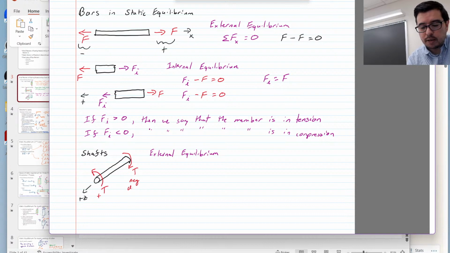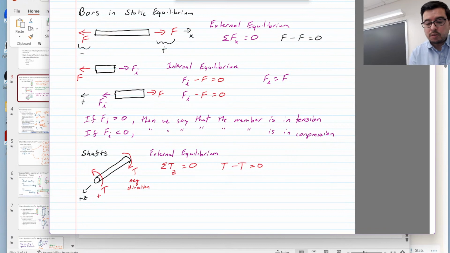I'll just do it like that. And so T is kind of giving us a magnitude here. And so when we do the sum of the torques in the z direction, that is equal to 0, we would have something like T minus T is equal to 0. You know, this is boring.